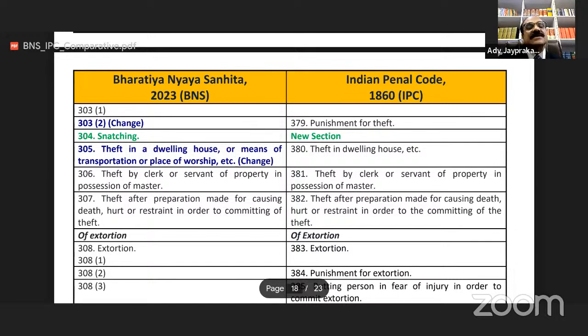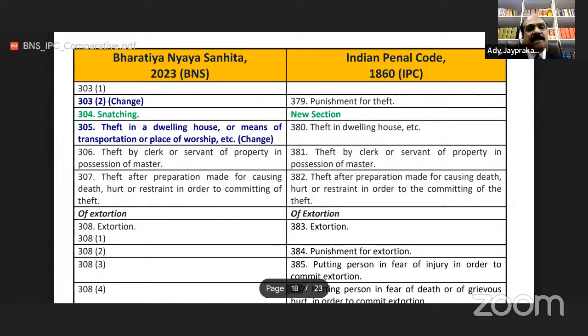That is section 304 of BNS, related to snatching. Snatching, not of a golden chain, only snatching of bags, snatching of purses, like that. Section 305 of BNS, theft in a dwelling house or means of transportation or place of worship.